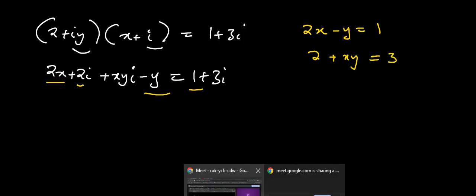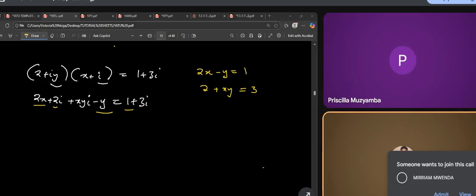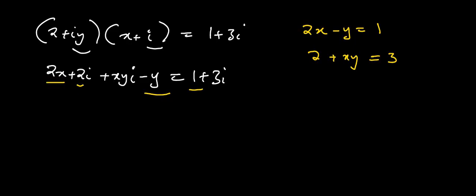So from here now, we can solve. This is not going to be simultaneous because here the x and the y are attached. They are together. So I can just take the 2 on the other side to be 3 minus 2. This is xy is equal to 1.